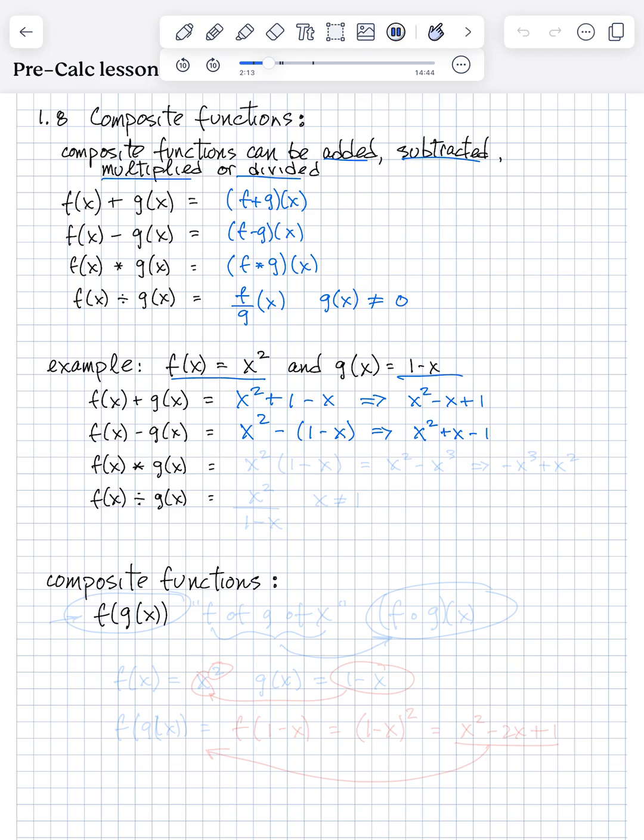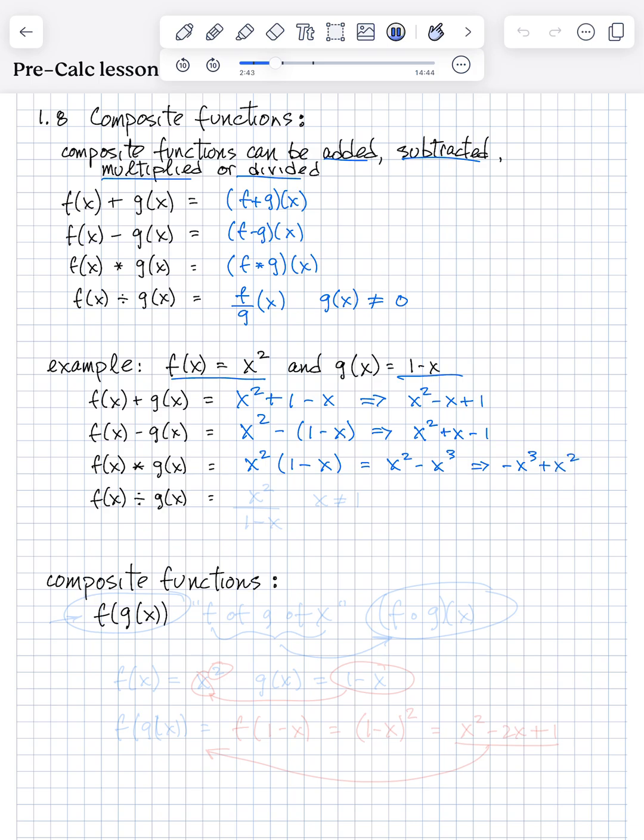Okay, multiplying, we have x squared times 1 minus x. So that's going to be x squared minus x cubed, or if you prefer, it would be a minus x cubed plus x squared.